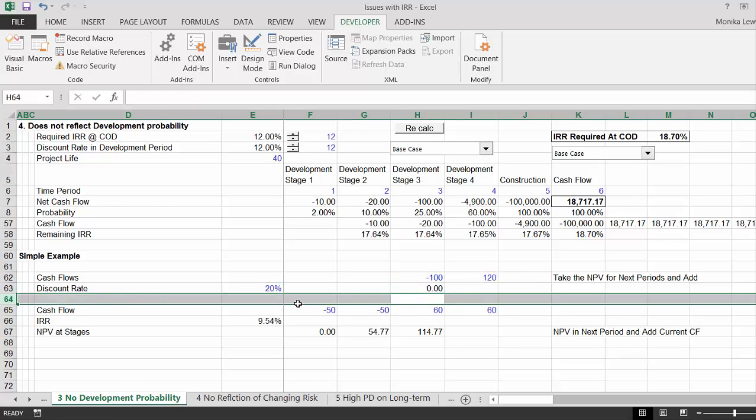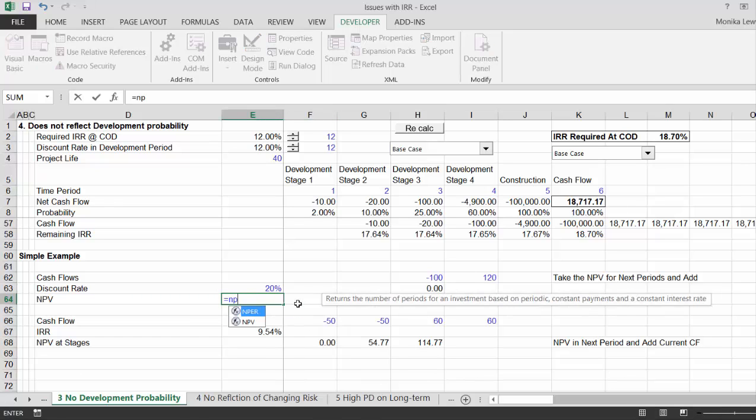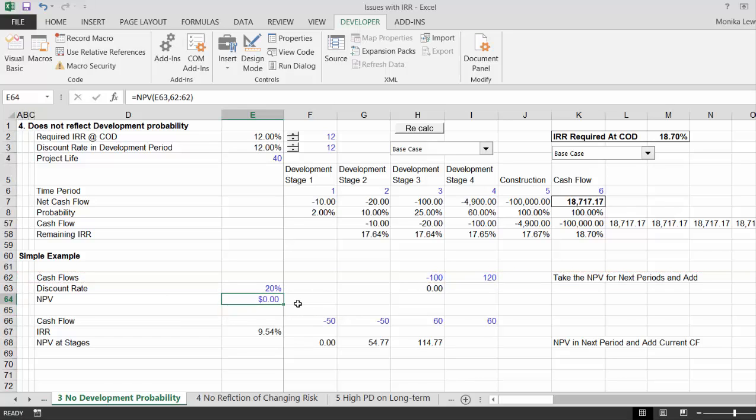We could of course also have a regular old NPV. And if we put equal NPV, I don't want you to get all worried about the NPV calculation like some people do. This just gives you 0, of course.